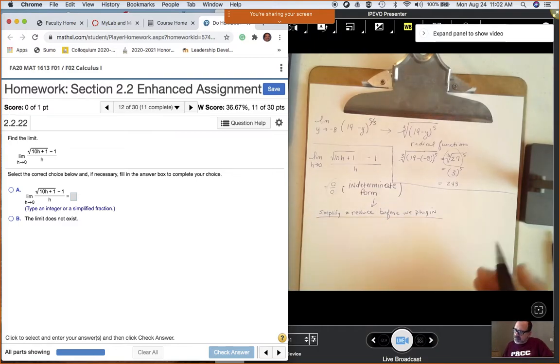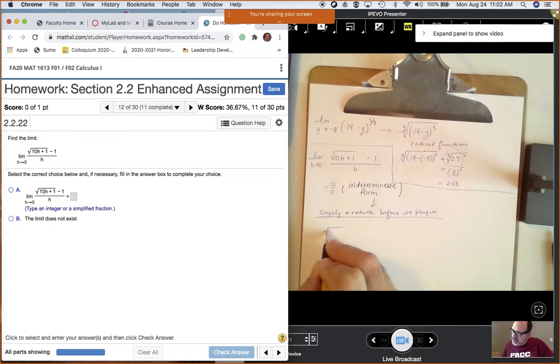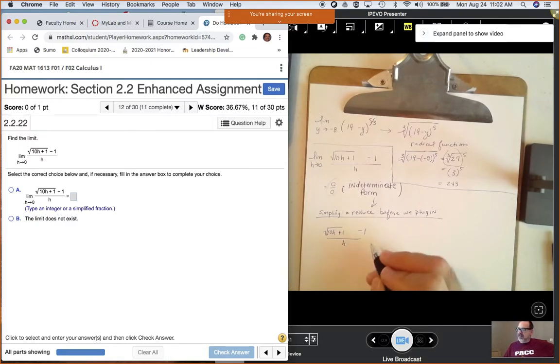So in this case, the square root of 10h plus 1 minus 1 all over h, I'm going to multiply this by the conjugate of the numerator so that maybe I can get rid of that square root part. Conjugates help us get rid of the root.